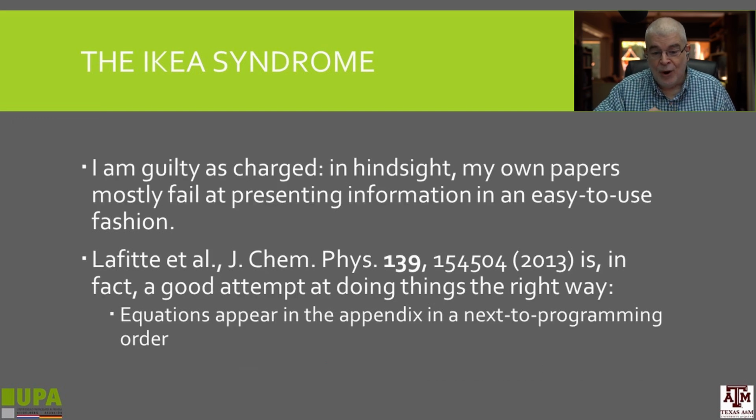Now, in all fairness, I am guilty as charged. If I look back, my own papers mostly fail at presenting information in an easy to use way. So I am not doing better than anyone else.